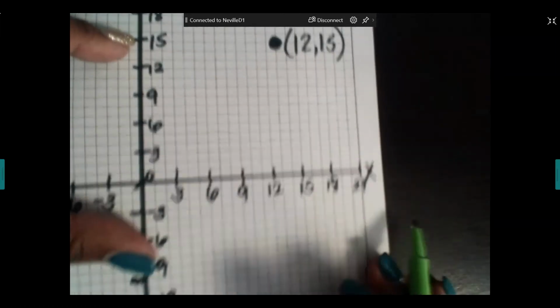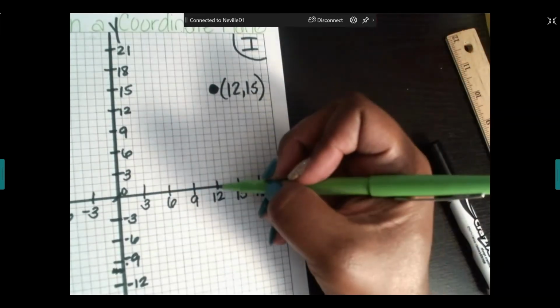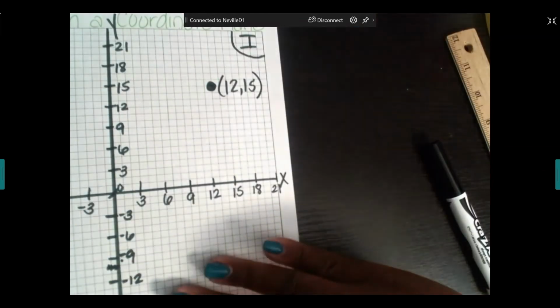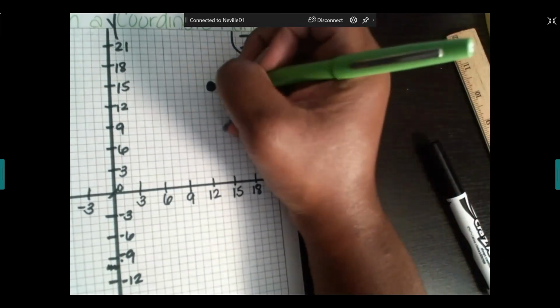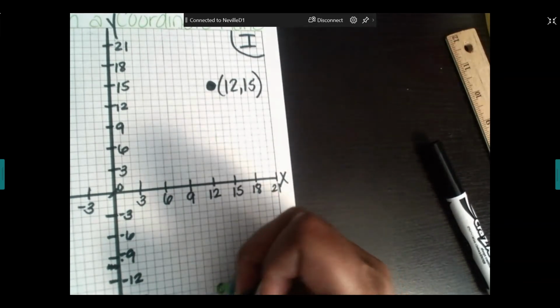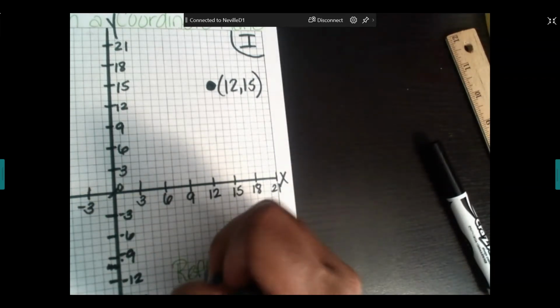Yep, 15 down. So I'm going to stay at 12. I'm not moving from 12, but I'm going to flip it across that x-axis. So I'm going to go 12, negative 15. Okay, it's been reflected. I hope you can see that.